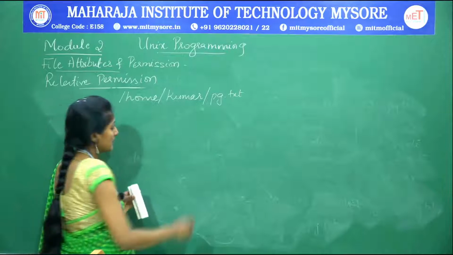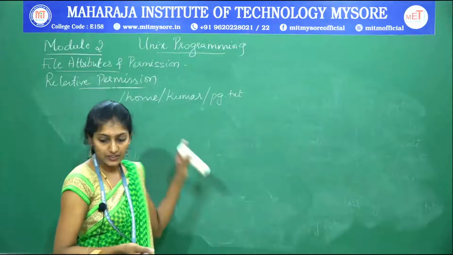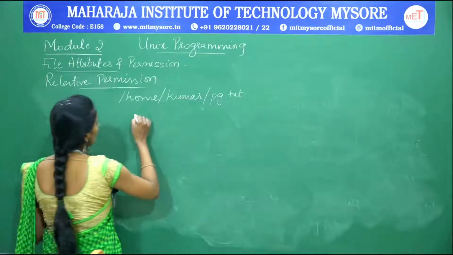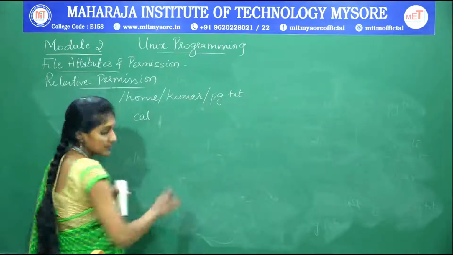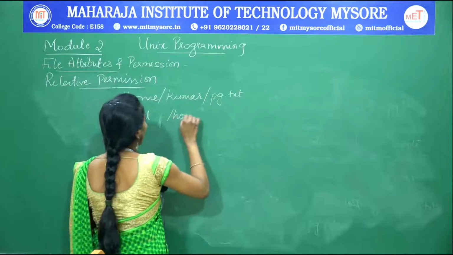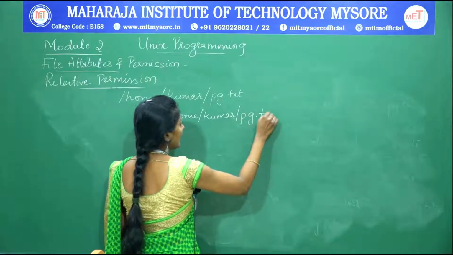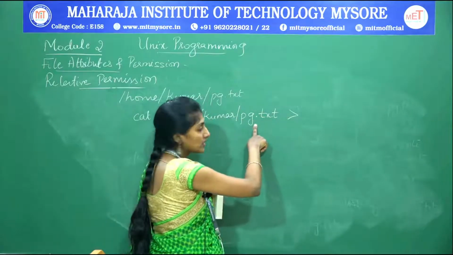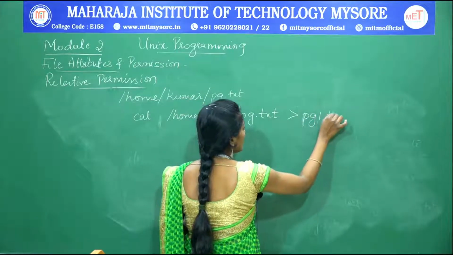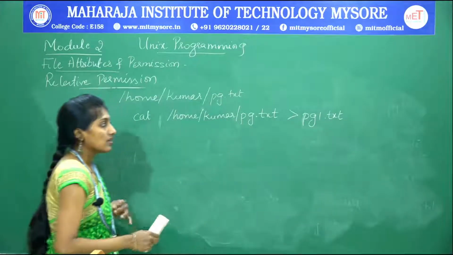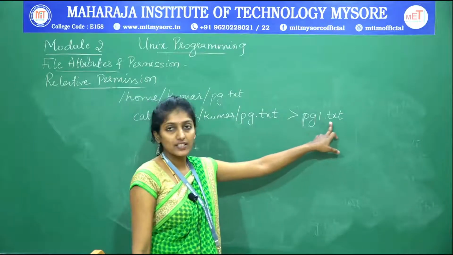If I want to copy this file, or redirect the content of this file to another file, using the cat command I am going to redirect the content of the file home/kumar/pg.txt to pg1.txt. So now the content of the pg.txt file has been redirected to the pg1.txt file.